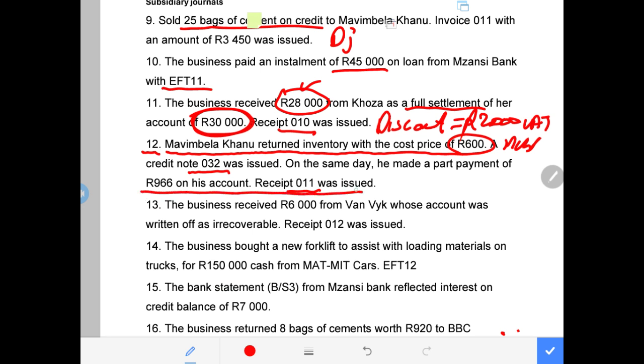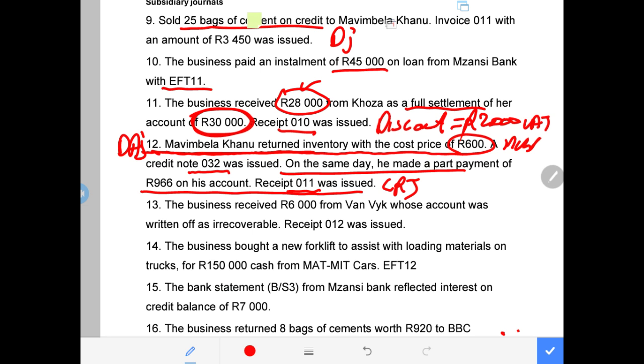So we have in the second transaction the cash receipt journal, and in the first one we have the debtors allowance journal. So 2 journals are affected in this one. One customer is returning and the same customer is making a payment on his account.